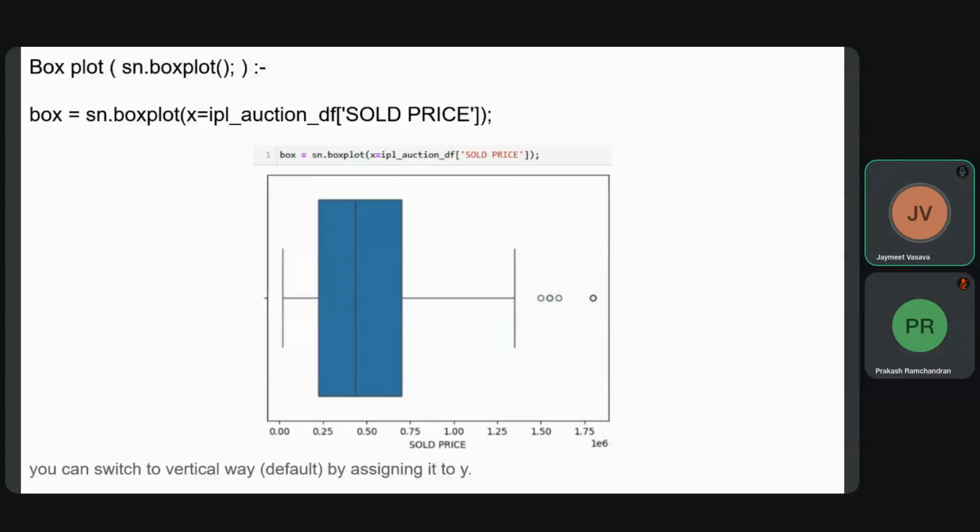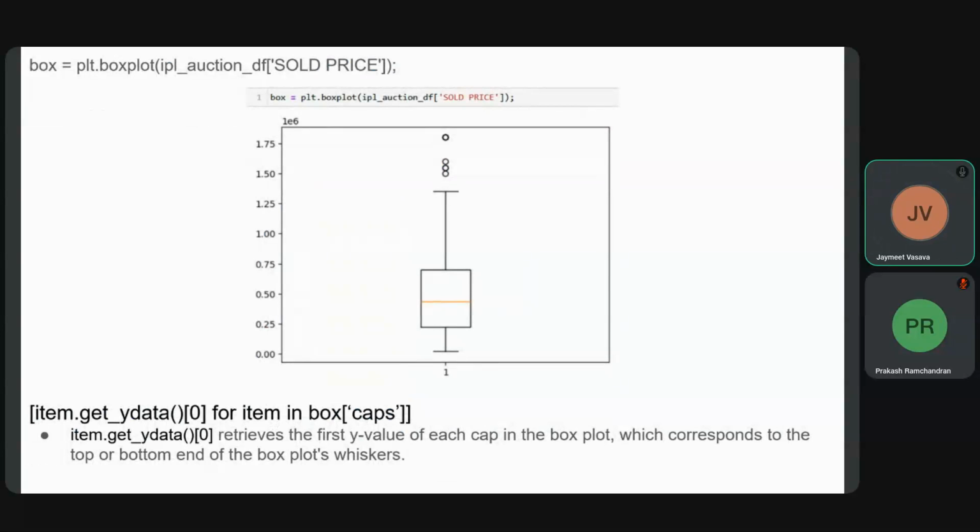For this representation, you can see that it's in a horizontal manner, as we have given the box plot x equals to IPLDF and so on. But if we do not give anything, then it will be in a vertical manner by default. You can see this is Matplotlib's box plot being used, and by default it's in a vertical fashion, and it also shows those 4 dots for the outliers.